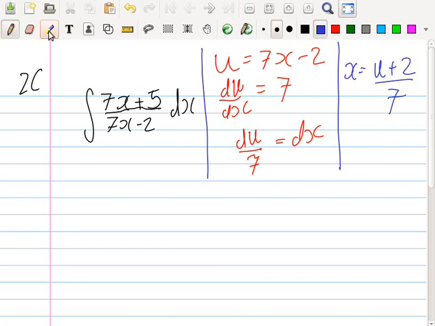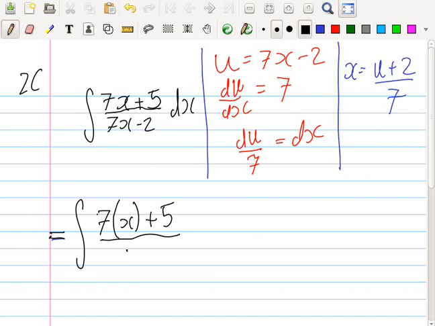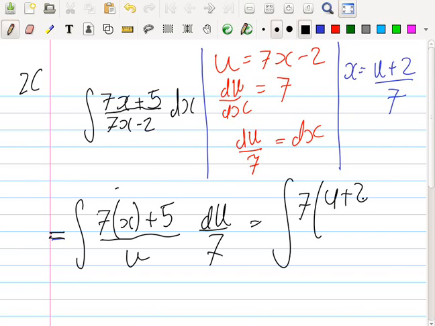Okay, so going back to the question, this now becomes on the top x plus 5 over u du over 7. Now the reason I left it like this is to point out that the x here is a problem. We have u's. Well, we just replace the x with the formula we have for x, which is u plus 2 over 7, plus 5 over u. You can put the 7 out in the front, and then you have your du there.